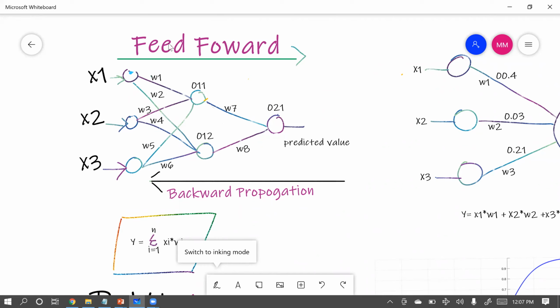Initially when we train our model, it goes in a feed forward direction, and to update the weights to minimize the loss, we will have a loss function and cost function depending upon our output. Depending upon our loss, we need to update our weights. Updating the weights happens in back propagation. I haven't made a video on back propagation yet.